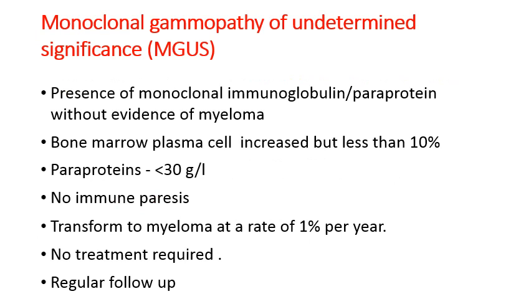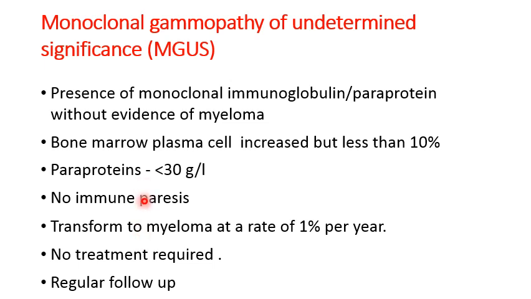When do you diagnose MGUS, or monoclonal gammopathy of undetermined significance? When there is presence of monoclonal immunoglobulin or paraprotein without evidence of myeloma. So there's just an increase in monoclonal immunoglobulin, but no evidence of myeloma. Here the bone marrow plasma cells are increased, but it is less than 10%, and the paraproteins are elevated, but not much.